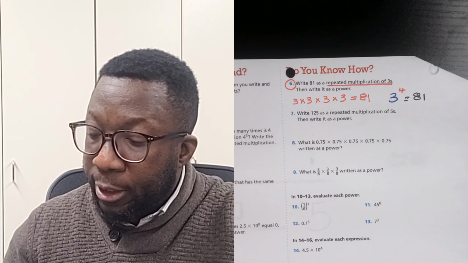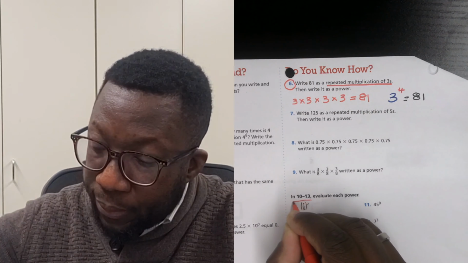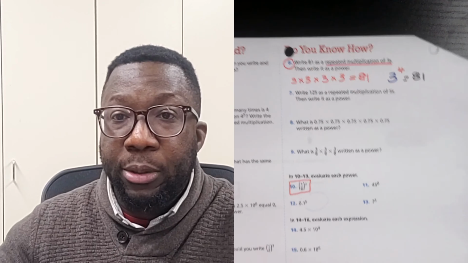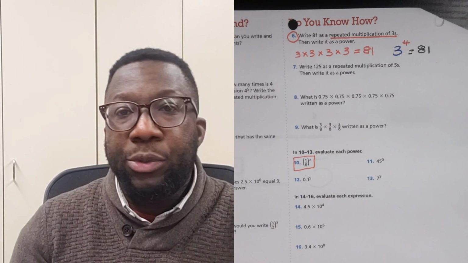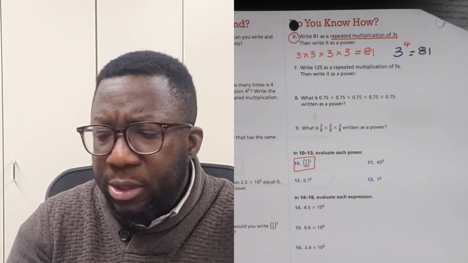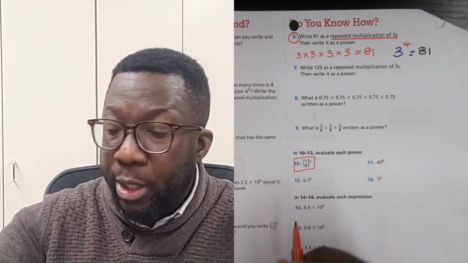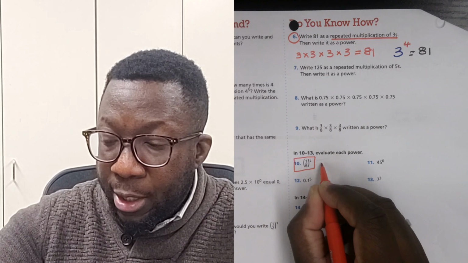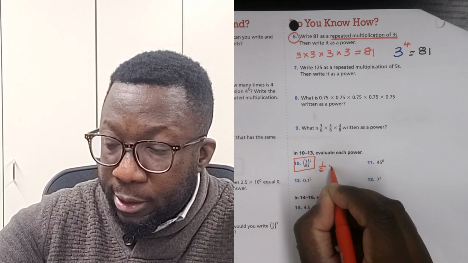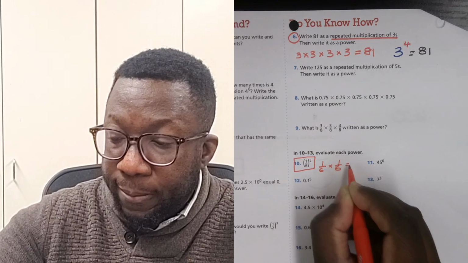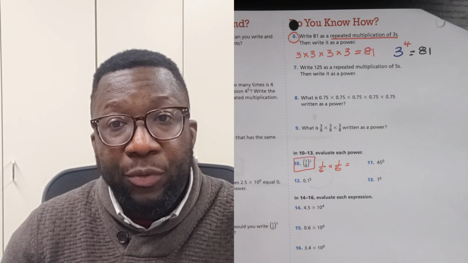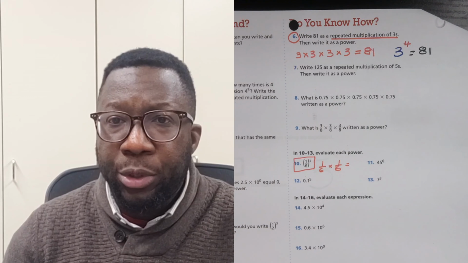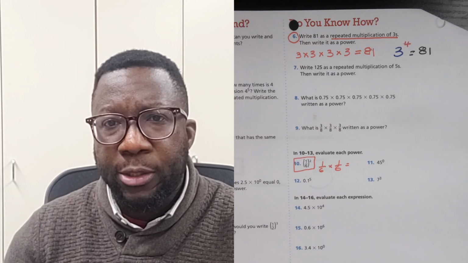Now the next one that we'll want to pay attention to is question number 10, where we have a fraction, or a rational number, that also has an exponent. What does this mean? Well, 1/6 squared, or 1/6 to the 2nd power, merely means 1/6 times 1/6. We've done this before in Unit 2, where we multiplied fractions.